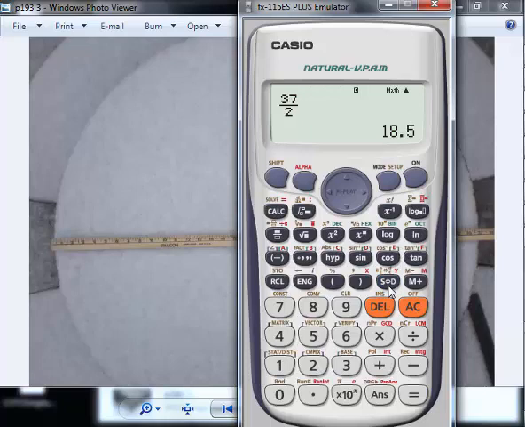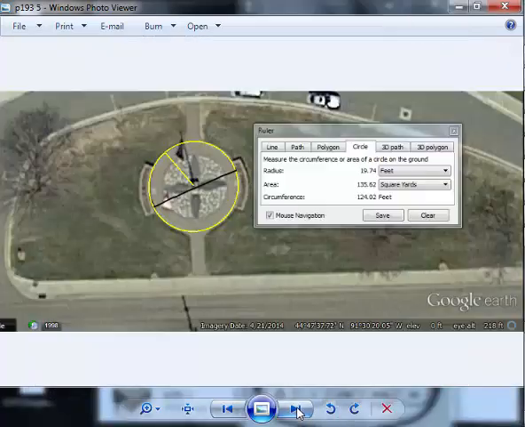And then we're supposed to find the area of that circle, and so we're going to take that squared times pi, and we get about 1,075 square inches.